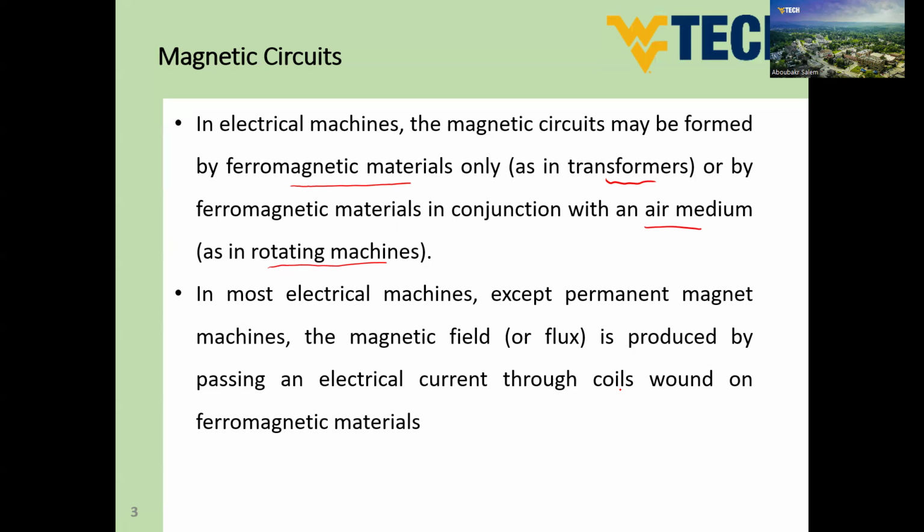It can attract ferromagnetic materials, not all metals for sure. And this is permanent. It's not for a temporary time. But an electromagnet can attract magnetic materials only if it is supplied by electricity. So we call it an electromagnet. So in most electrical machines, we have these electromagnets, except the permanent magnet machines.